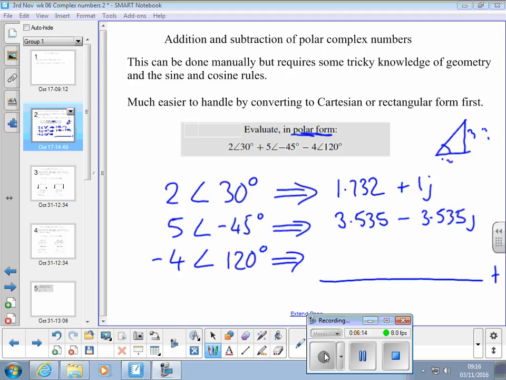And the last one, minus 4 angle 120 degrees, gives minus 2 plus 3.464 j.